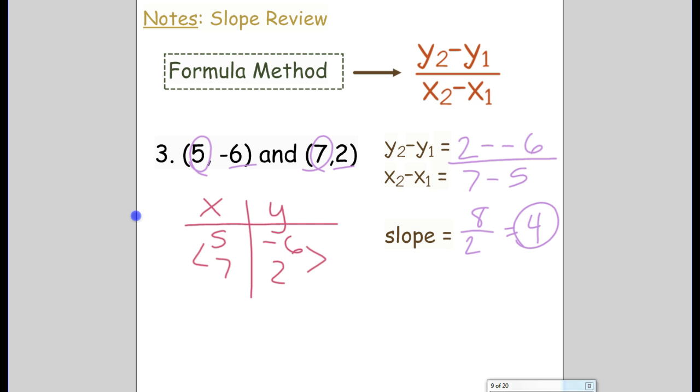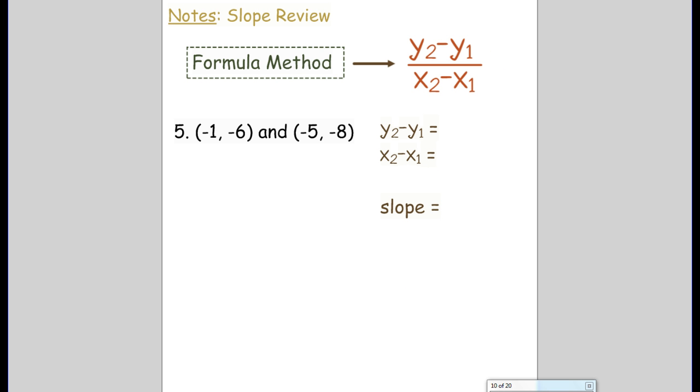Find your delta x and your delta y, and that might be an easier way to look at it. 2 minus negative 6, you subtract them, you're going to get 8. 7 minus 5, you're going to get 2. And then, to find your slope, it's just delta y over delta x, 8 over 2. So it's up to you whether the table makes more sense or the formula makes more sense. You can do it either way.